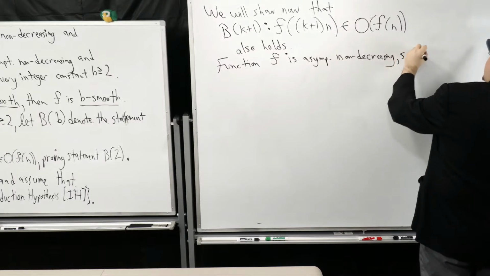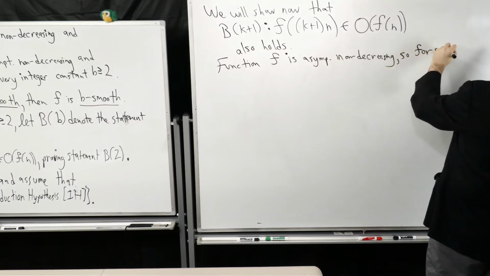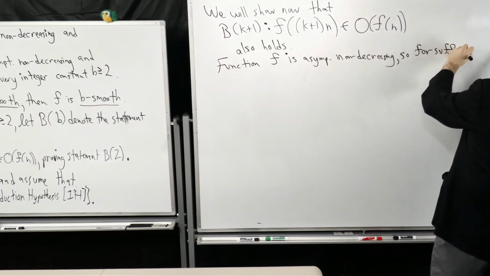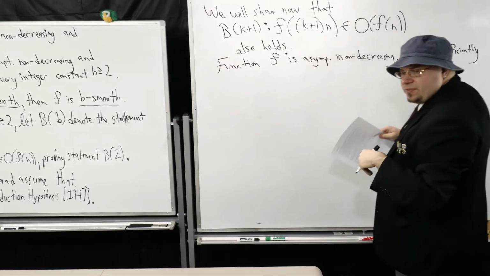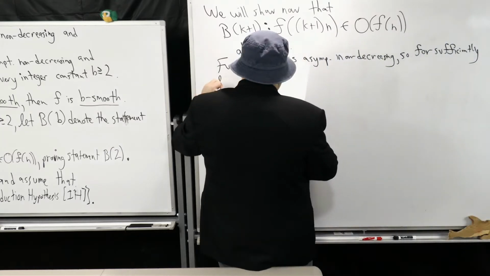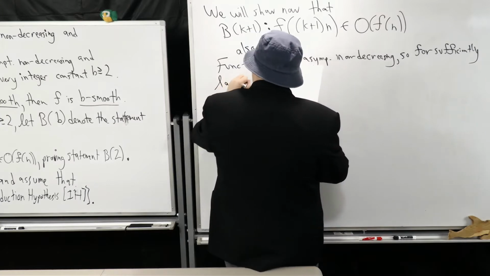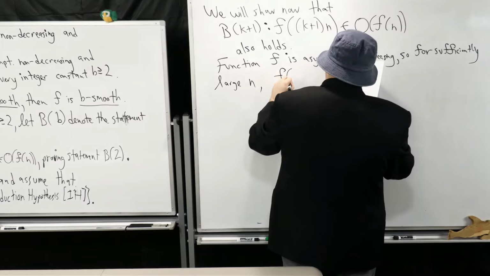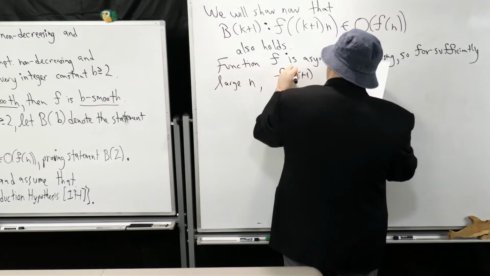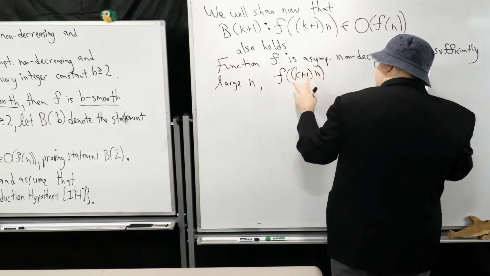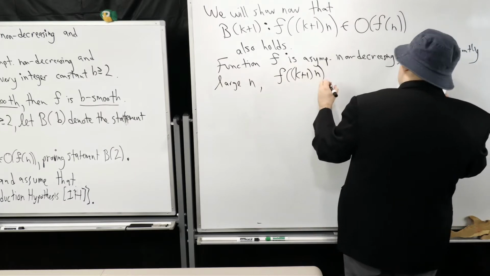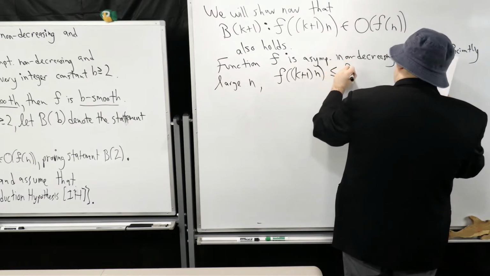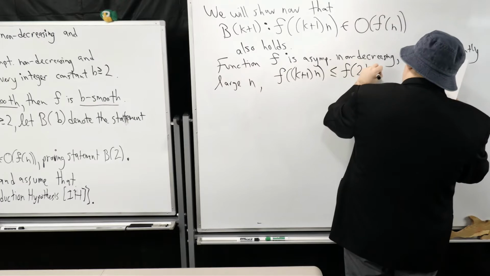So for sufficiently large n, remember this just means that there exists an n0, it must be that f of k plus 1 times n, all inside the f here, is less than or equal to f of 2 times kn.